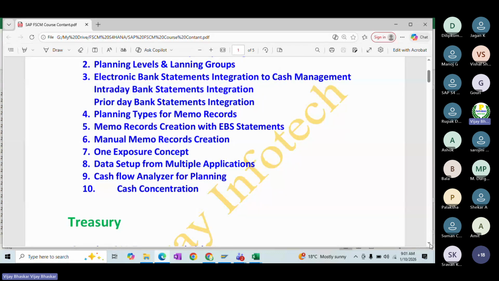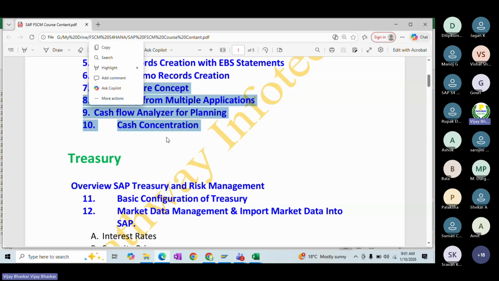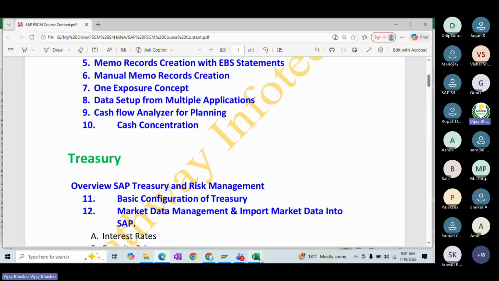I'm just giving the high level here. What is the memo record, how can memo records be used for planning purposes, and what configuration takes place? Each and every step I'm going to cover in the sessions. This is the first topic I'm going to start in the class sequence, after completion of the basic settings.